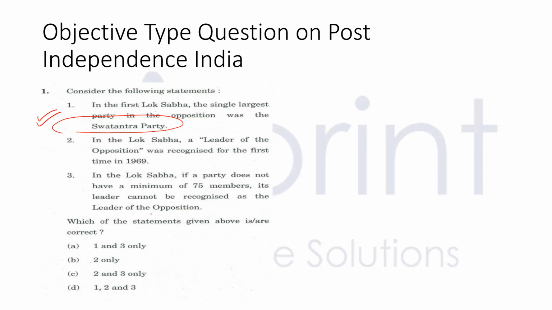The first Lok Sabha election was held in 1951-52, so that is definitely not possible. So statement 1 is definitely wrong, and A and D are gone. The only two choices left are 2 only and 2 and 3, and you can safely assume that 2 is correct. Now you only have to check whether 3 is correct.